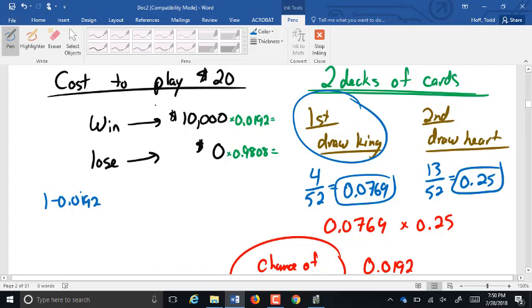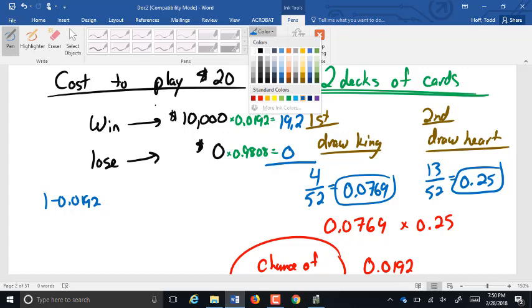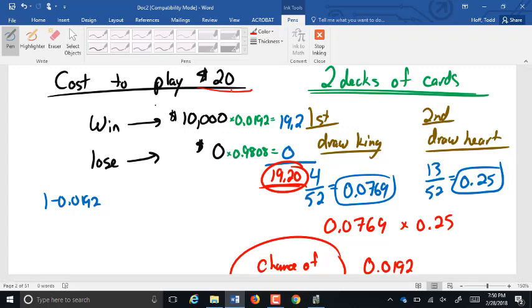Well, 0 times anything is 0. 10,000 times the 0.0192 is 19.2. Your estimated winnings, every time you play the game, on average, you're going to win $19.20. It costs you $20 to play, right? So on average, every time you play, you're going to lose 80 cents. At least you had fun.